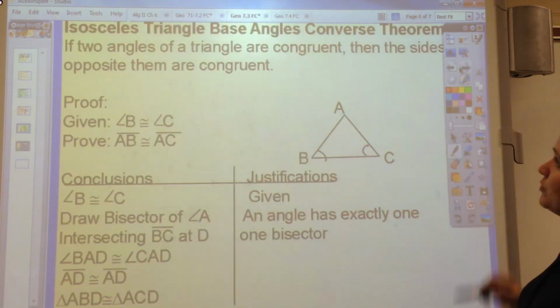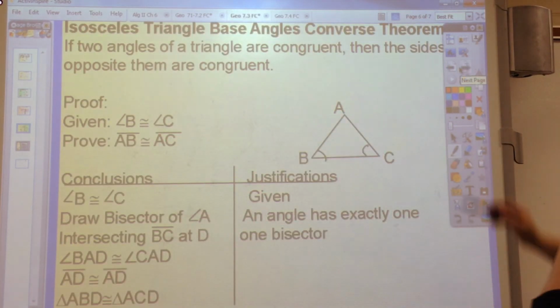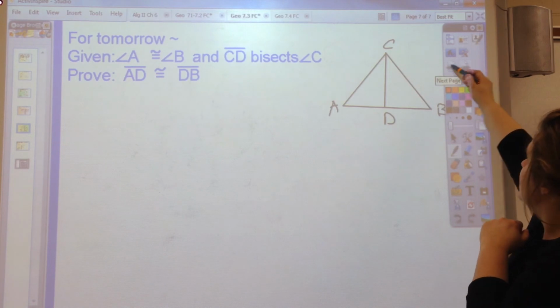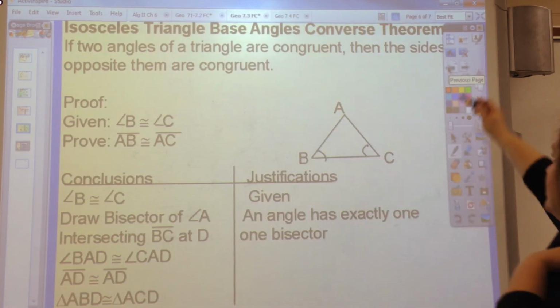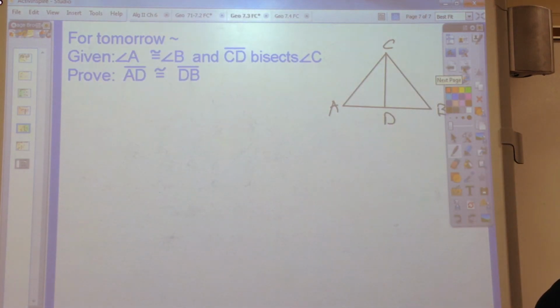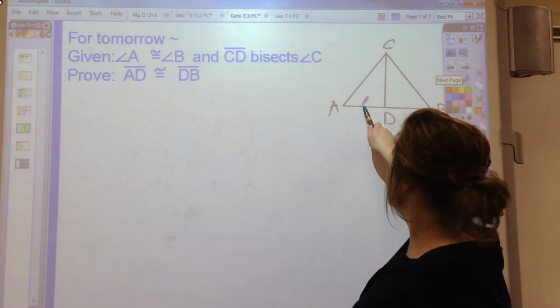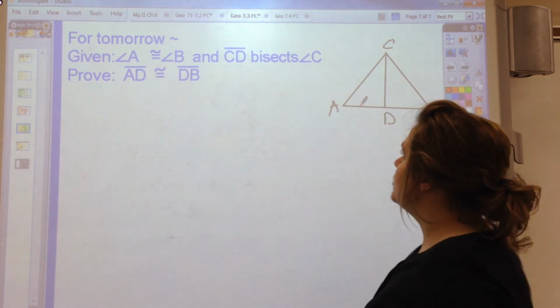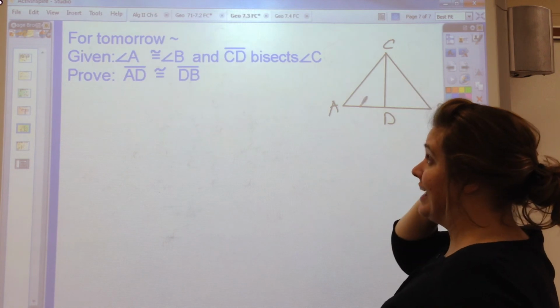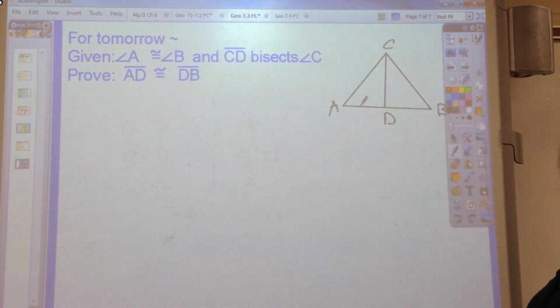Okay, for tomorrow. Oh, wait. You know what? Beginning of class, we'll walk through this one together just to get you warmed up. For tomorrow, I'd like you to write down this triangle, write down your givens, and go ahead and try to prove that length AD is congruent to length BD.